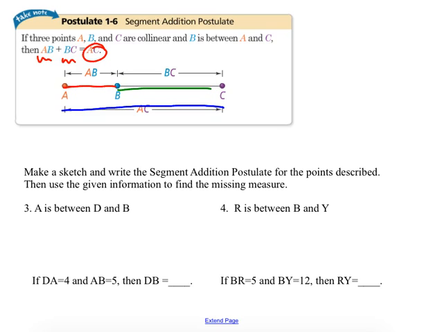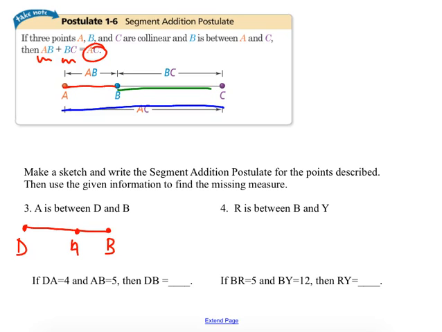So in these next examples, we want to sketch a picture, write the segment addition postulate, and then find the missing measure. So it says A is between D and B. Here's my segment. Here's D, there's B, and A is somewhere between.